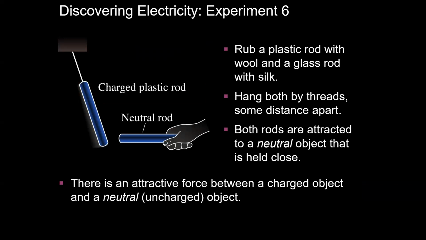If a rod has been rubbed and you bring it to another rod that hasn't been rubbed, the unrubbed rod will actually feel an attraction. So that's what's interesting about electric charge, is that even though an object is not electrically charged, it can still feel an electric force. That's the general takeaway of this experiment.